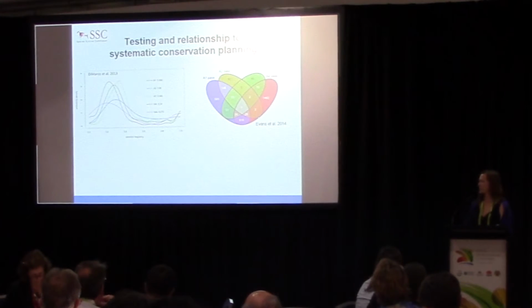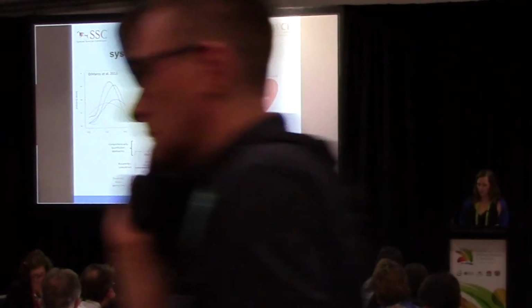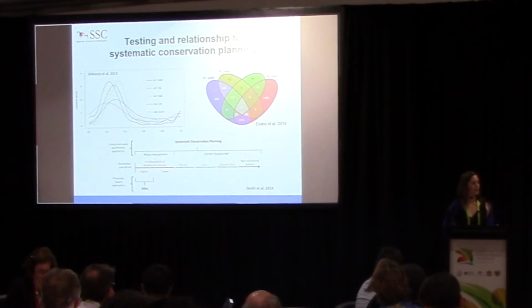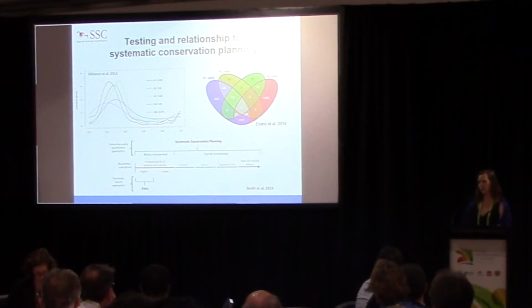They've tested these thresholds. And this work has helped to clarify the relationship between key biodiversity areas and systematic conservation planning, which is going to be one of the topics of the breakout groups this afternoon, and is an annex in the consultation document.